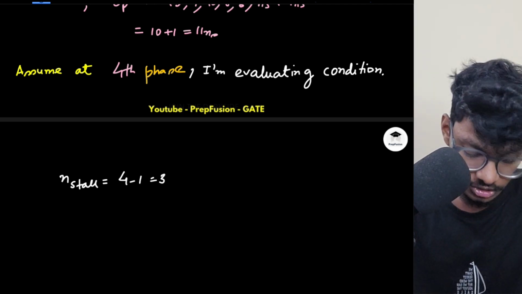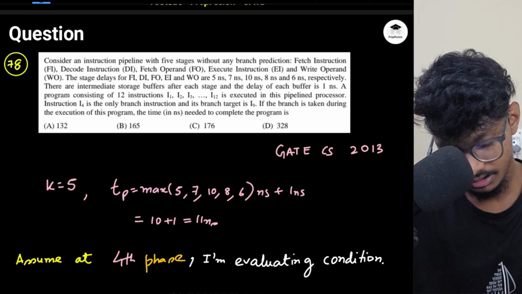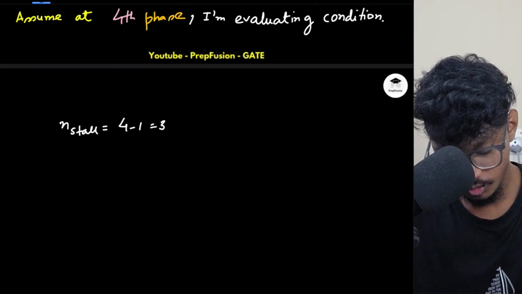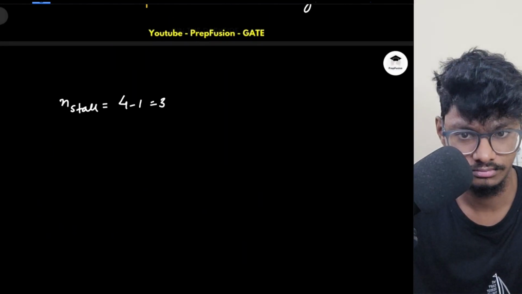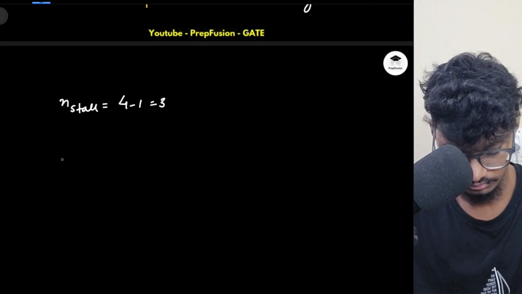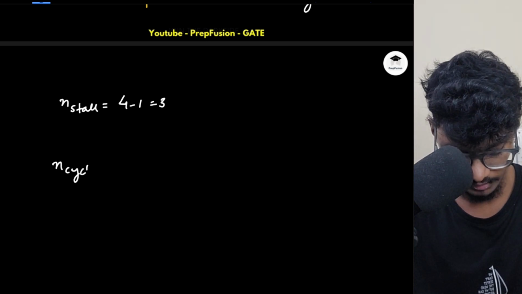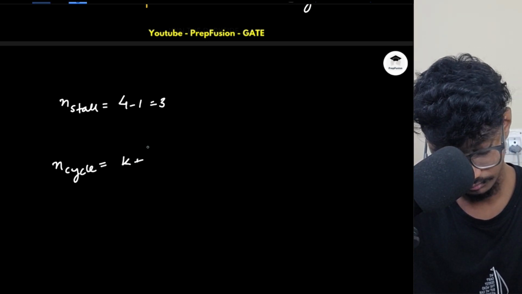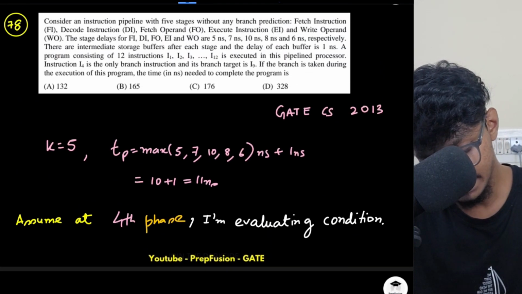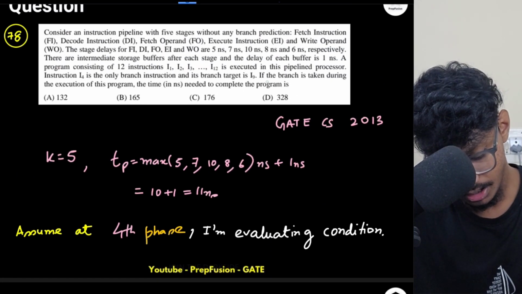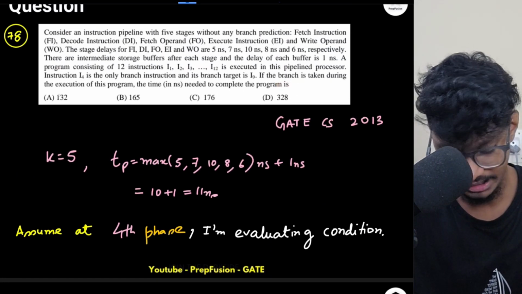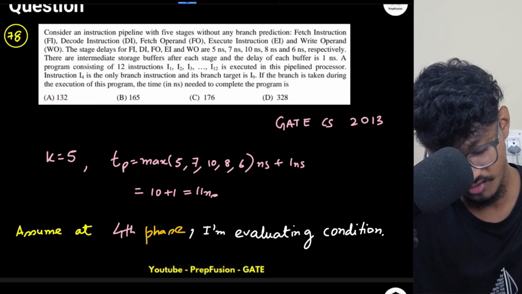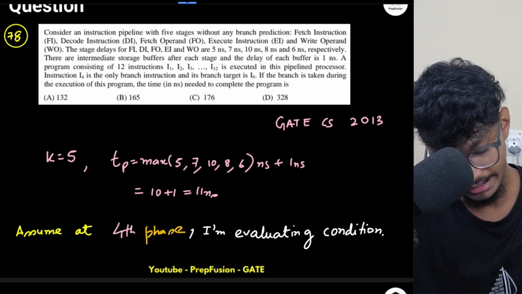Okay, so what are they asking? Total time. So what is the total number of cycles actually? n cycle will be what? It will be k for the first instruction. And they have also told me that actually the branch is taken during the execution of the program. So directly from I4 I am going to I9.